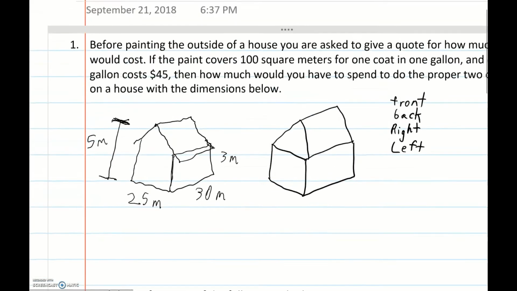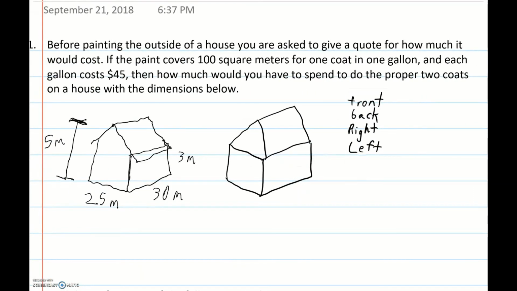So we have 25 meters here. That's how wide it is. 30 meters long. 3 meters high. But then we know it's a total of 5 meters up.